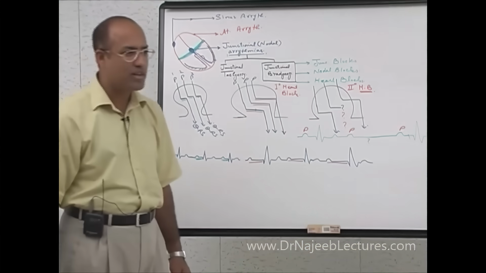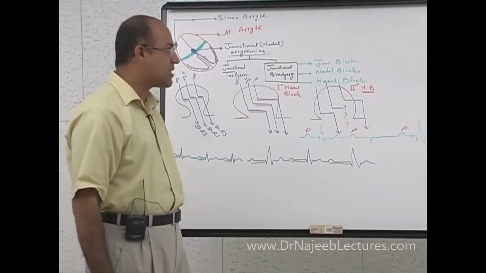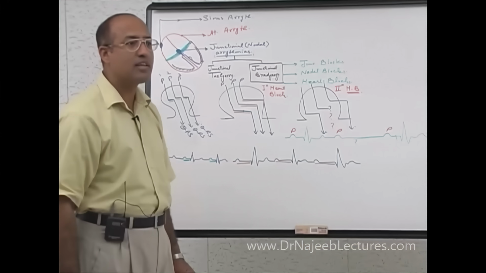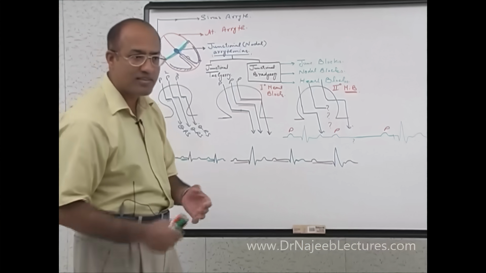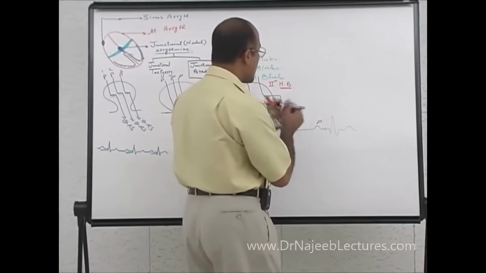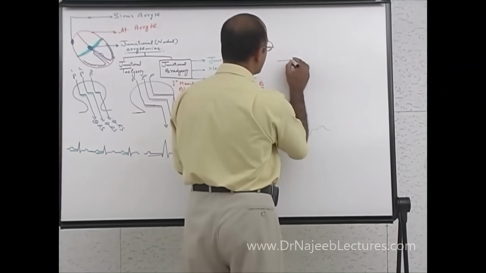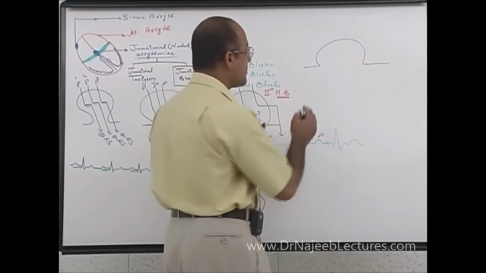Now, if you become really bad with your patient, and of course you shouldn't do that, but if by mistake you increase the dose of calcium channel blockers, it means you further suppress the AV node. What will happen under those circumstances? Let's suppose we go to this patient. You have suppressed the AV node too much.